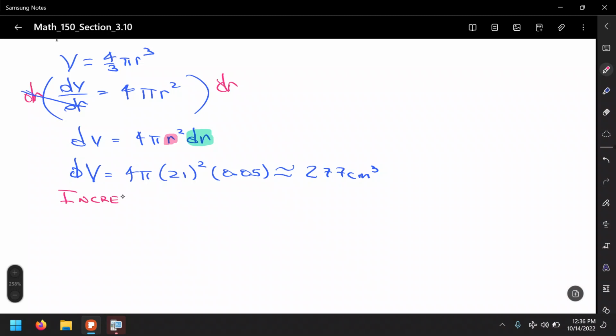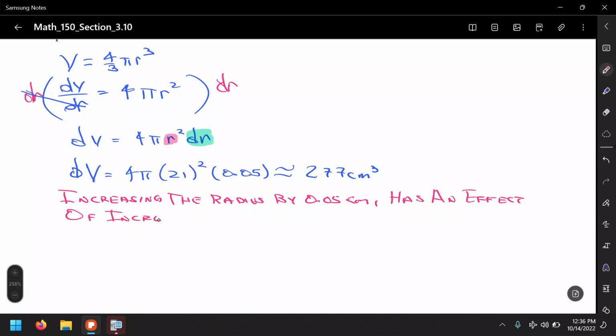increasing the radius by 0.05 centimeters has an effect of increasing the volume by 277 centimeters cubed.